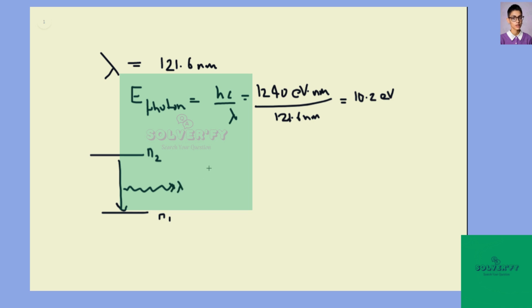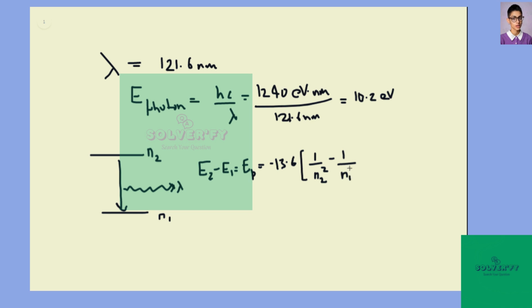So in that case, E2 minus E1 should be equal to the energy of the photon, and we can write E2 minus E1 as negative of 13.6 times 1 over N2 square minus 1 over N1 square.